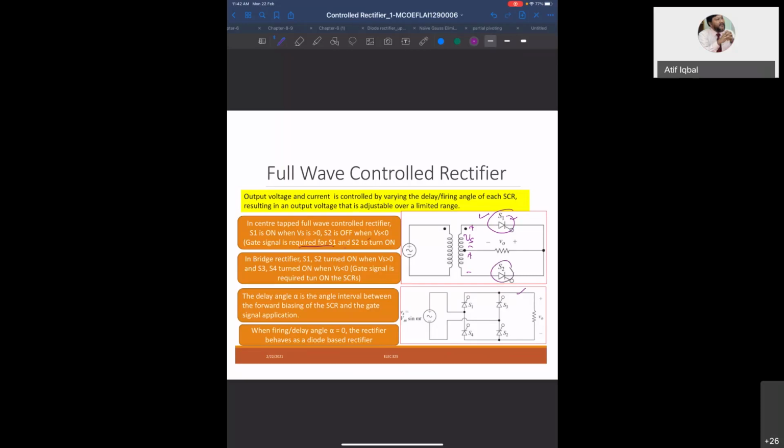A gate signal is required for S1 and S2 to turn on. That's the only additional requirement for the thyristor-based one. You need a gate signal also. And the delay angle is the angle interval between the forward biasing of the SCR and the gate signal application. So how long you take to apply the gate signal, that is your delay angle or alpha angle. When your alpha is equal to 0, it behaves as a diode rectifier.